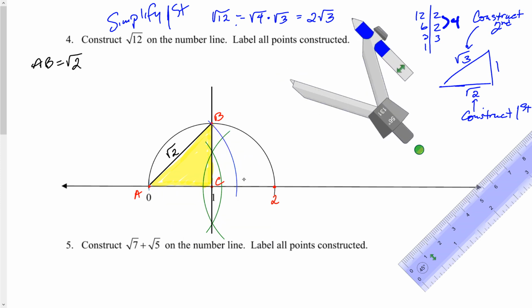Now I just located the square root of 2 on the number line. So there's the square root of 2. You adjust it from A to B and rotate down to the number line.